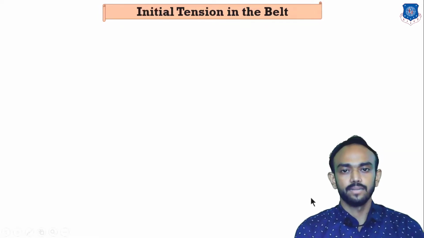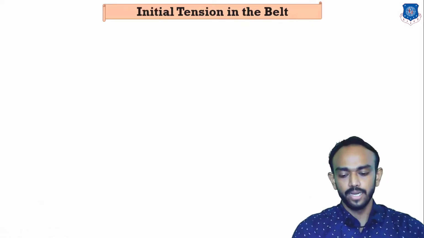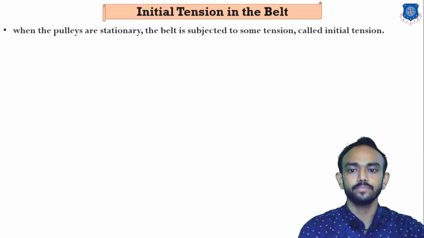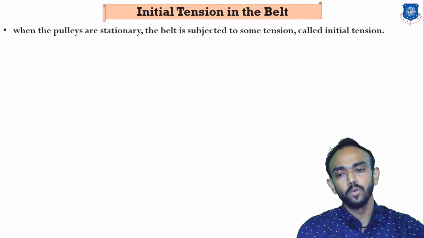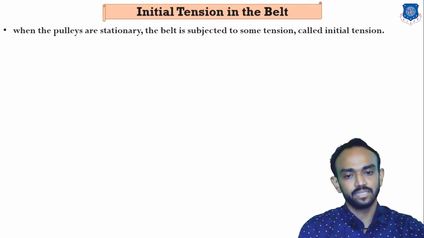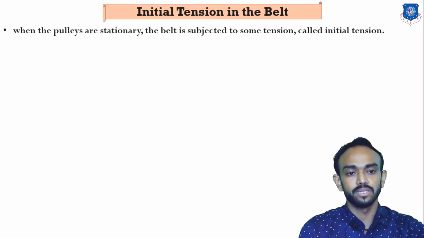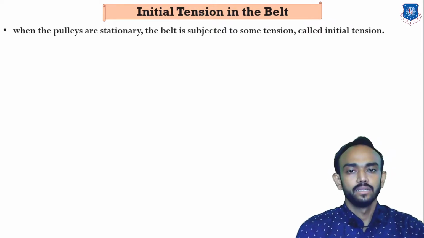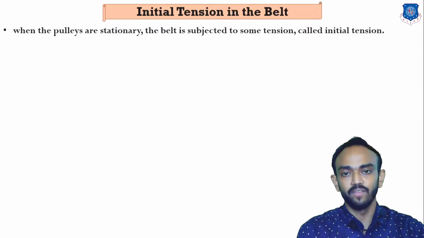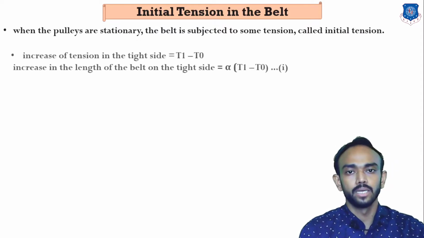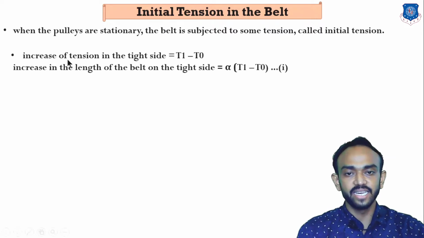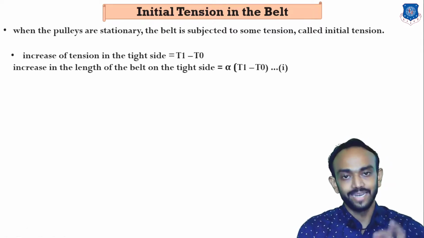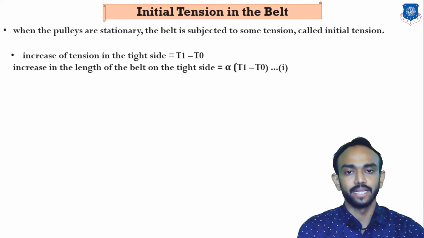Now let's understand the initial tension in a belt. When the pulleys are stationary, the belt is subjected to some tension, and this is called initial tension. When the pulley is rotating, there are tight side and slack side values, which we already know. The increase in tension on the tight side is equal to the tight side tension minus the initial tension.